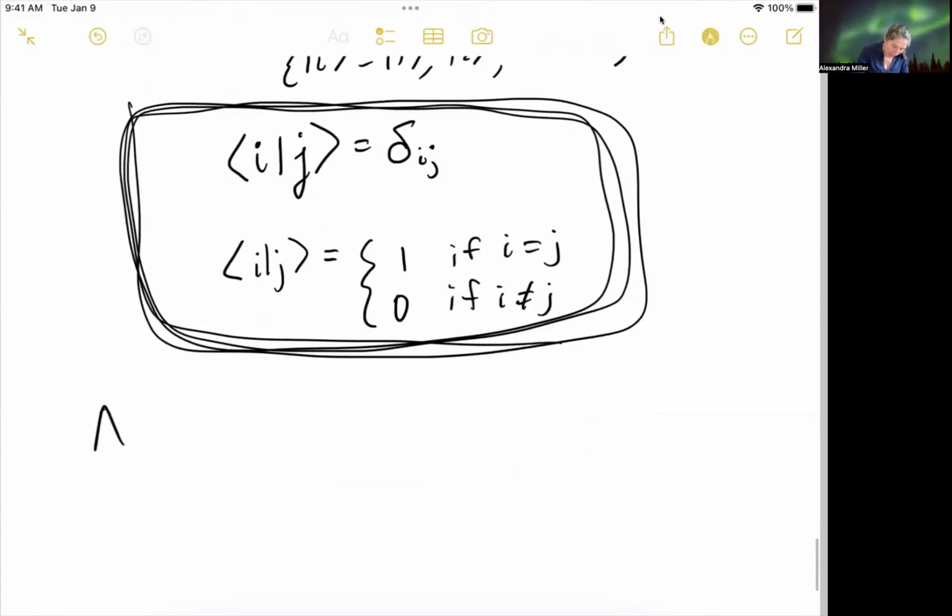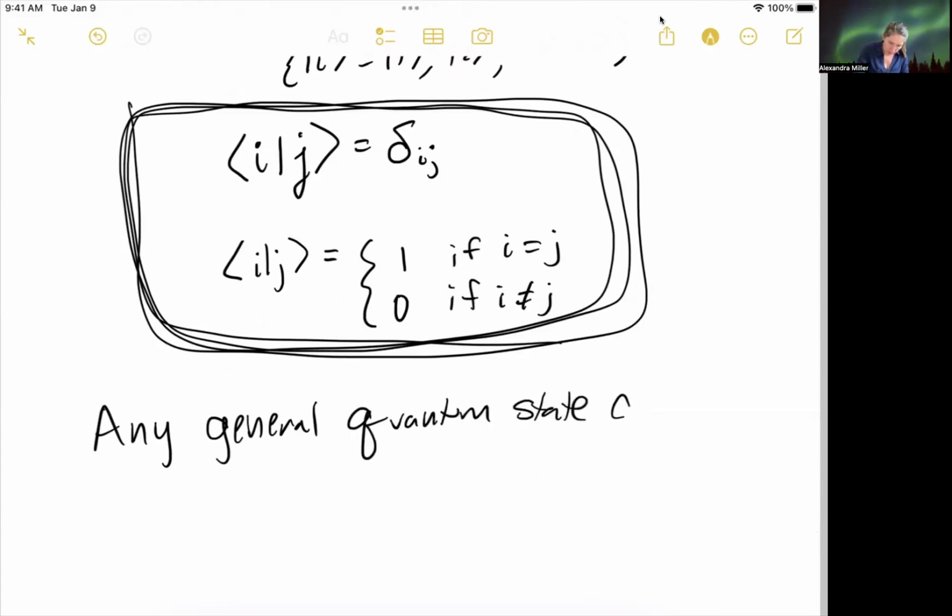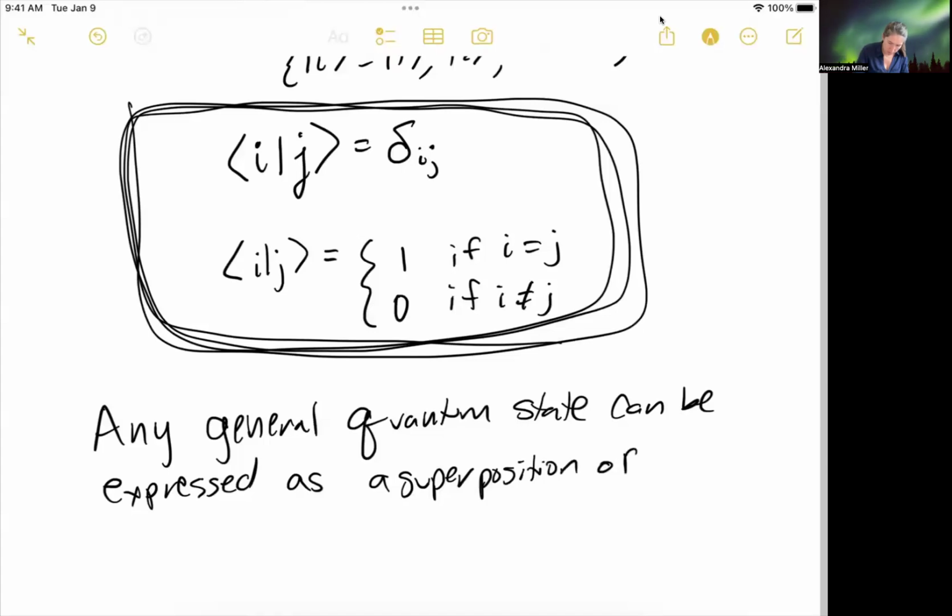And then any general quantum state can be expressed as a superposition of basis states.